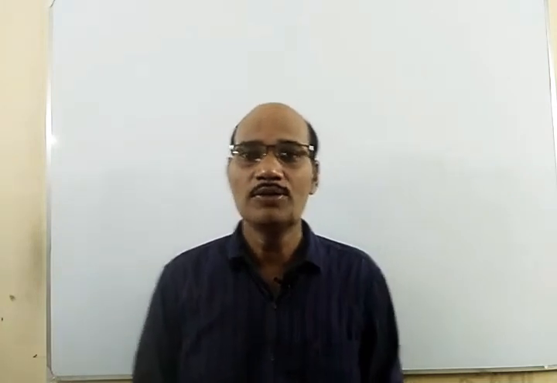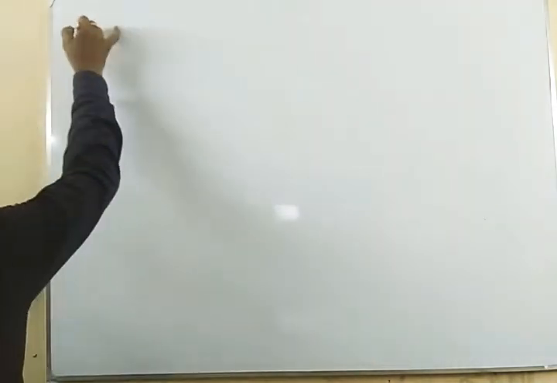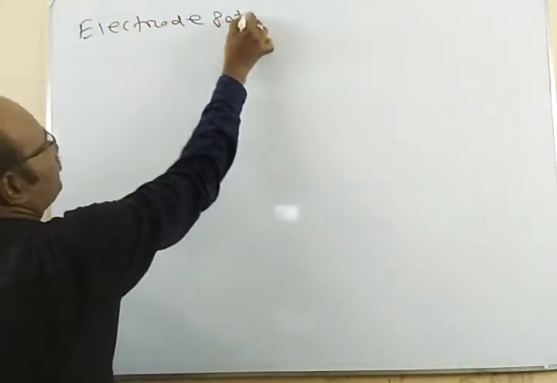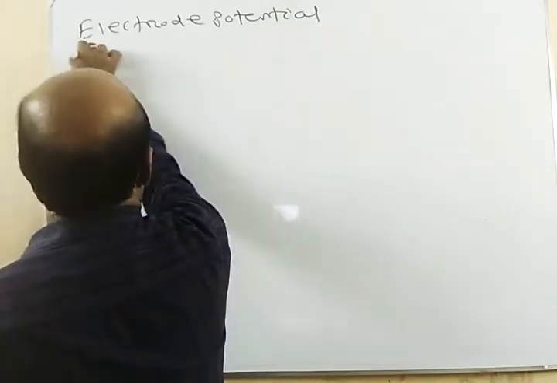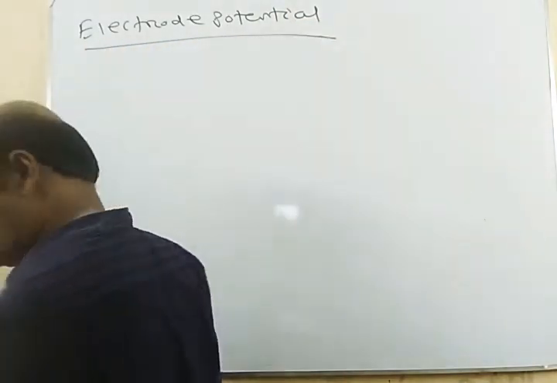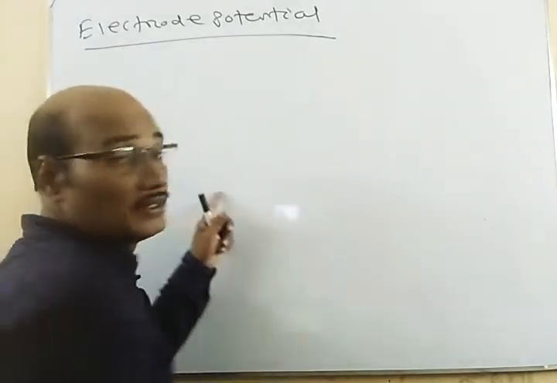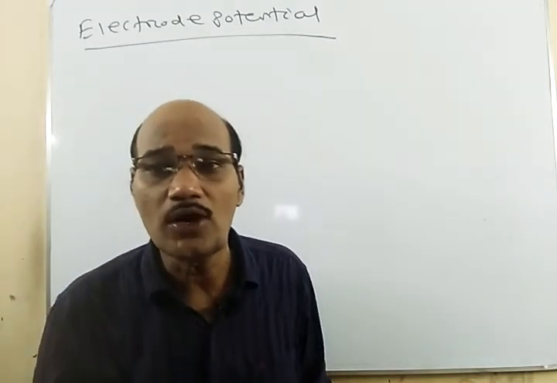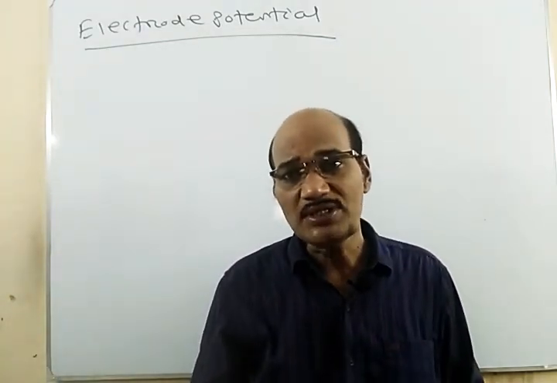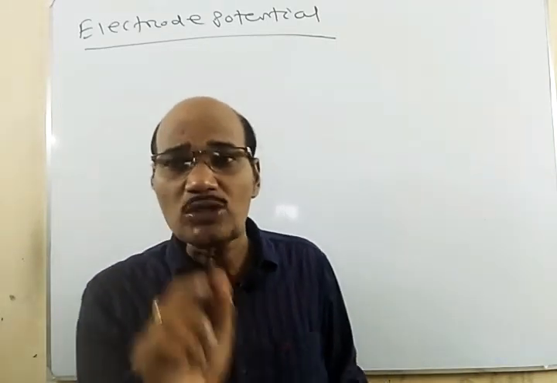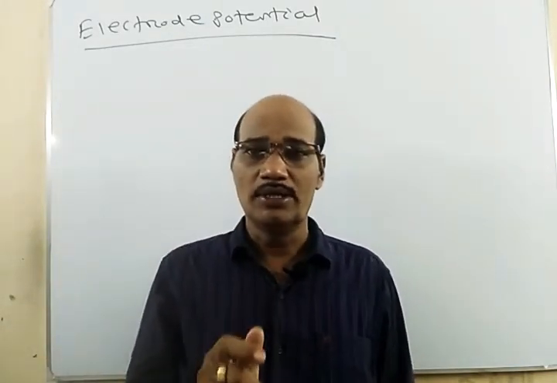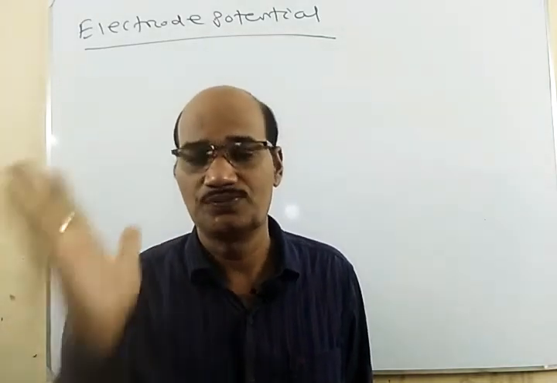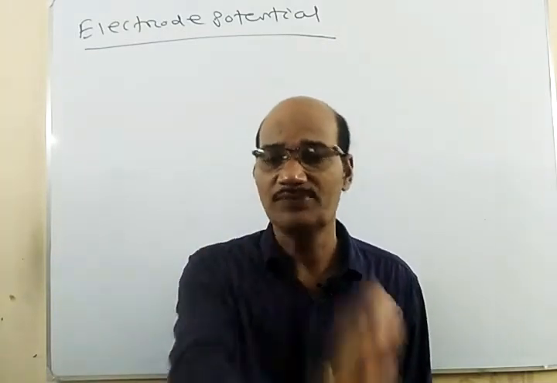What is electrode potential? It is the tendency of an electrode to lose or gain electrons. We have seen in the electrochemical cell that in the oxidation half cell the electrode is losing electrons, and oxidation takes place there.